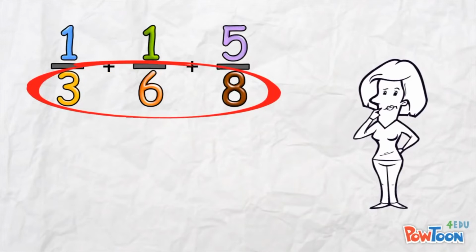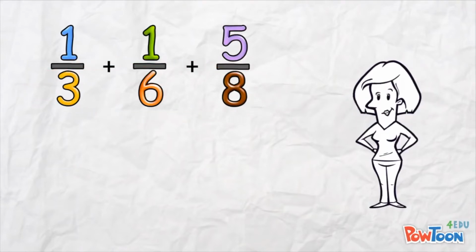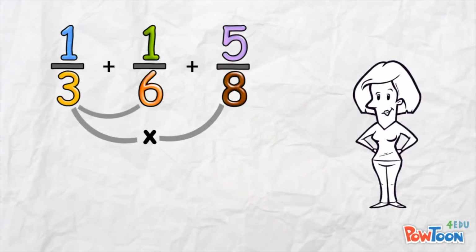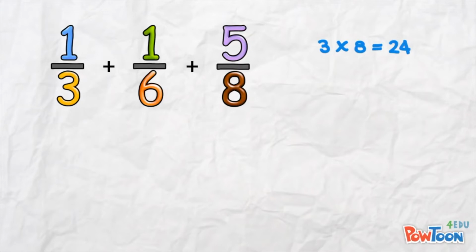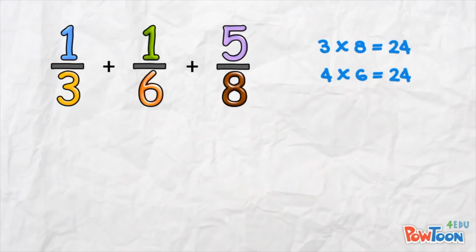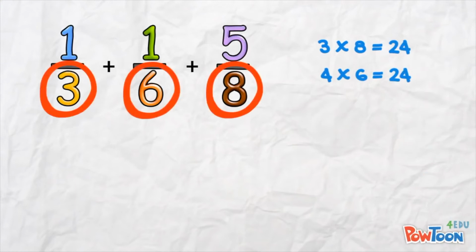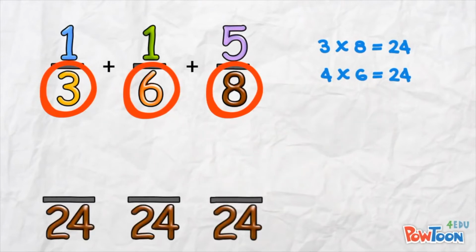For this one, we're going to have to change all of the denominators to get that common denominator that we need. 3 is a factor of 6, but not of 8, so I'm going to multiply 3 and 8 together to make the lowest common denominator. 3 times 8 is 24. 24 is in the 6 times table. 3, 6 and 8 are all factors of 24, so 24 is the lowest common denominator.